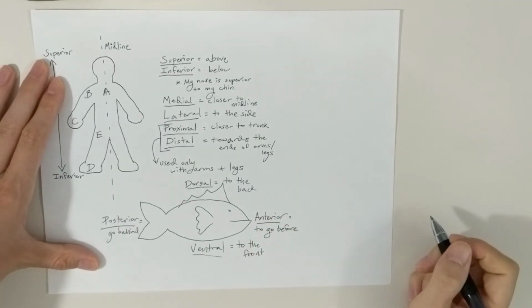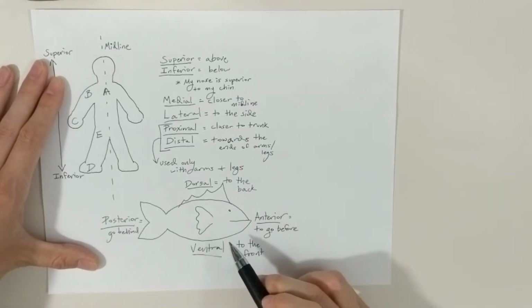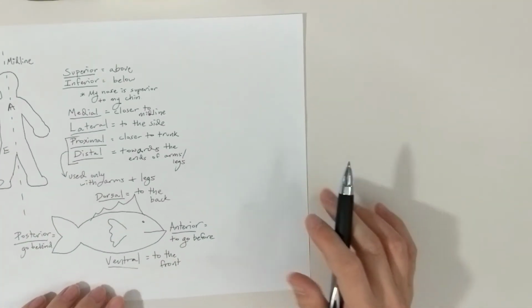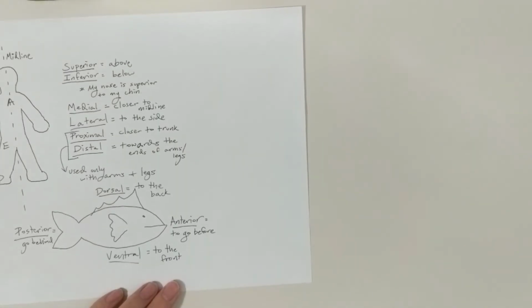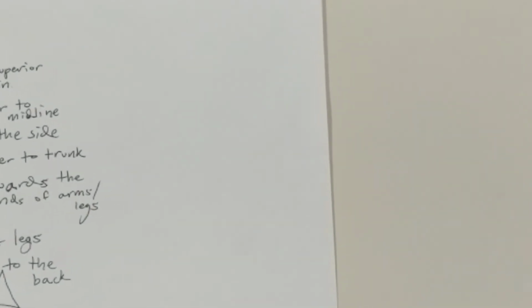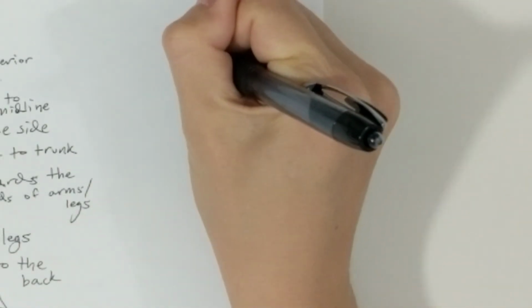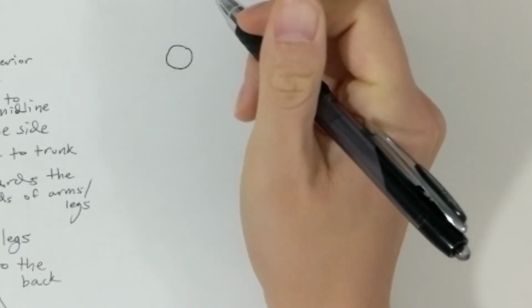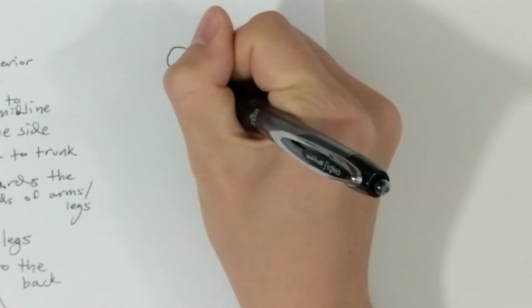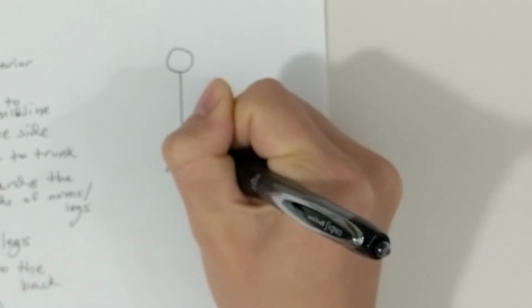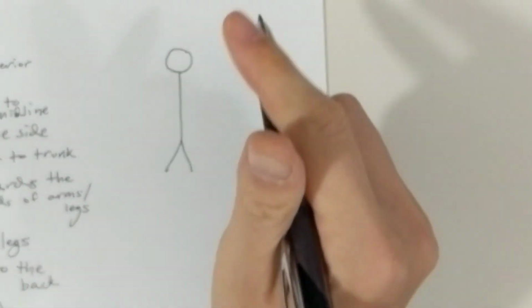Now with people, it's a little bit different to use all of these terms. So we're going to do our last drawing. We're going to try to make it simple. I'm going to try to zoom in a little bit here. Okay. This is going to be just a stick figure guy. So we'll draw him or her basically facing one direction.